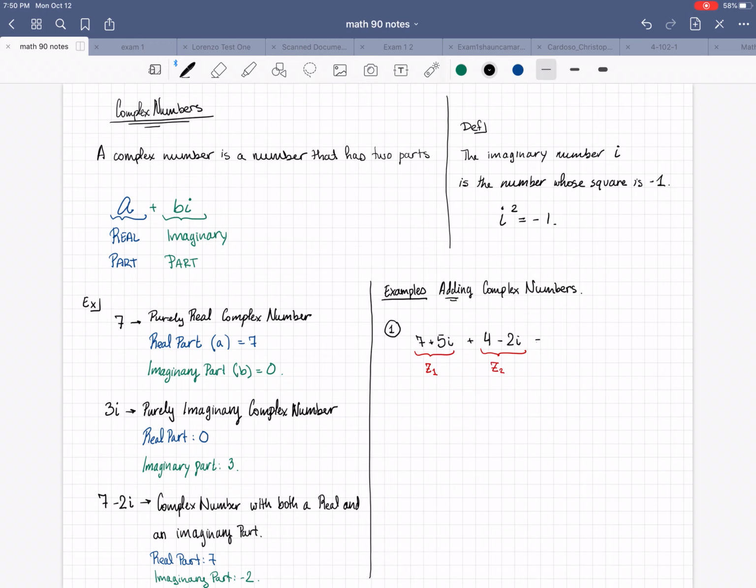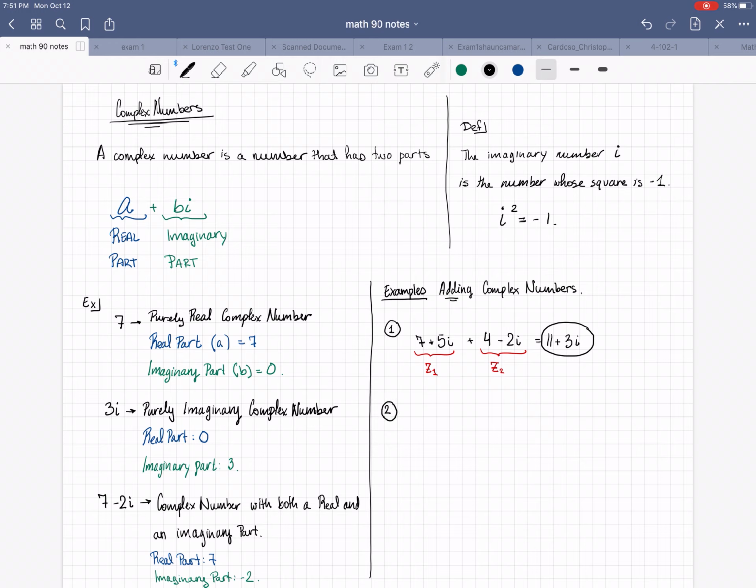So 7 plus 4 is 11. 5 plus -2 is 3. Okay? So some of you will say, oh, this feels a lot like combining like terms almost. And it sort of is exactly that. You are adding the real parts together and you are adding the imaginary parts together.